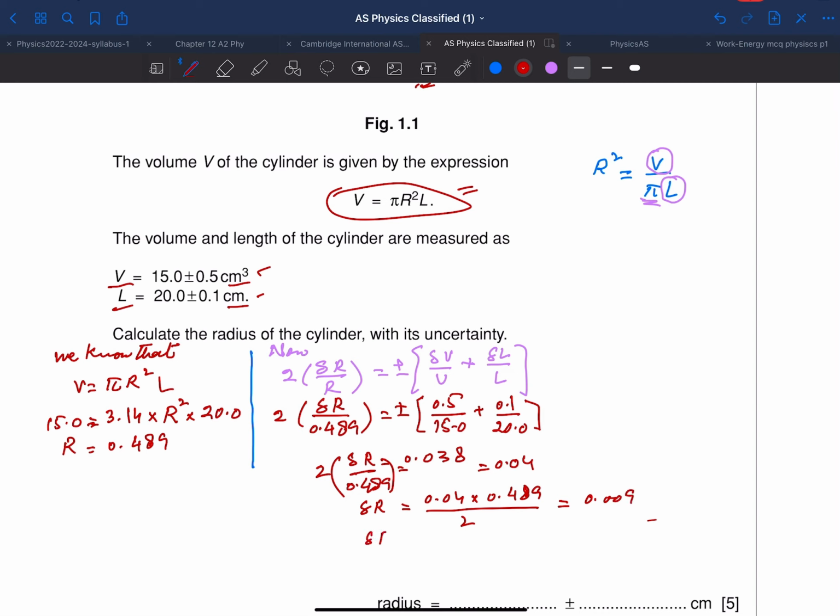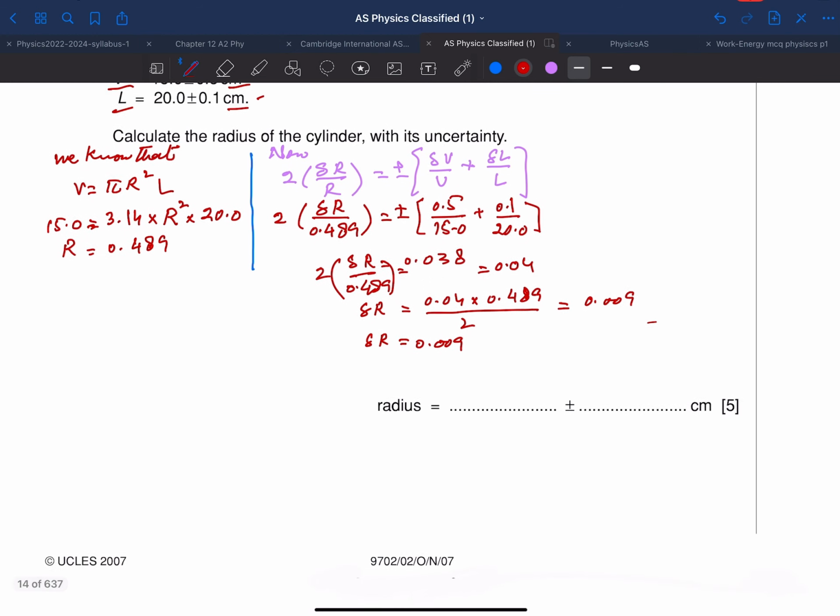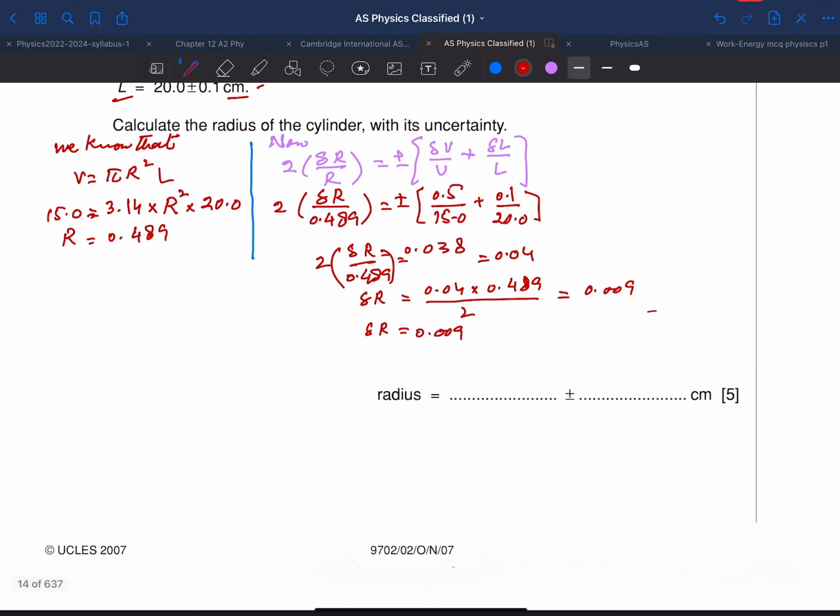So del r you have calculated as 0.009, and r you have already calculated. So the answer you can write is 0.489 plus minus 0.009.